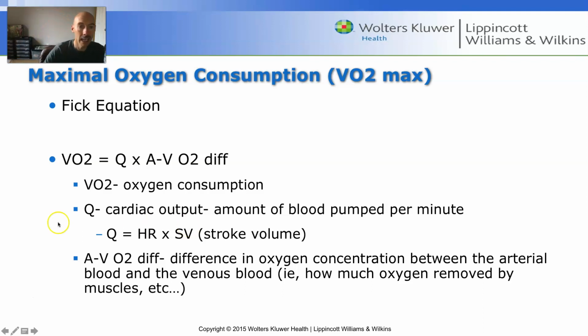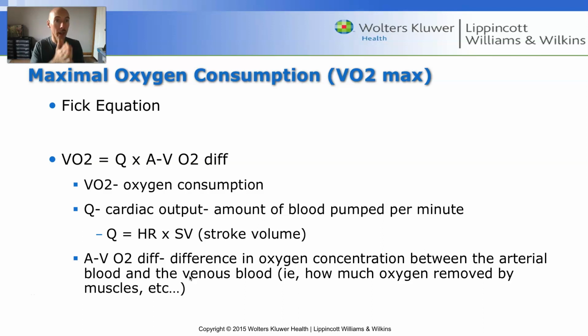Okay, and then the a-vO2 difference is defined here. So the difference in the oxygen concentration between the arterial blood and the venous blood. Okay, so where would there be less oxygen? Think about that for a second. There should be less oxygen in the venous blood, right? Because the arterial blood is oxygenated blood. Between the arterial and the venous blood supply, we have the capillaries. In the capillaries is where the tissues extract oxygen, right?